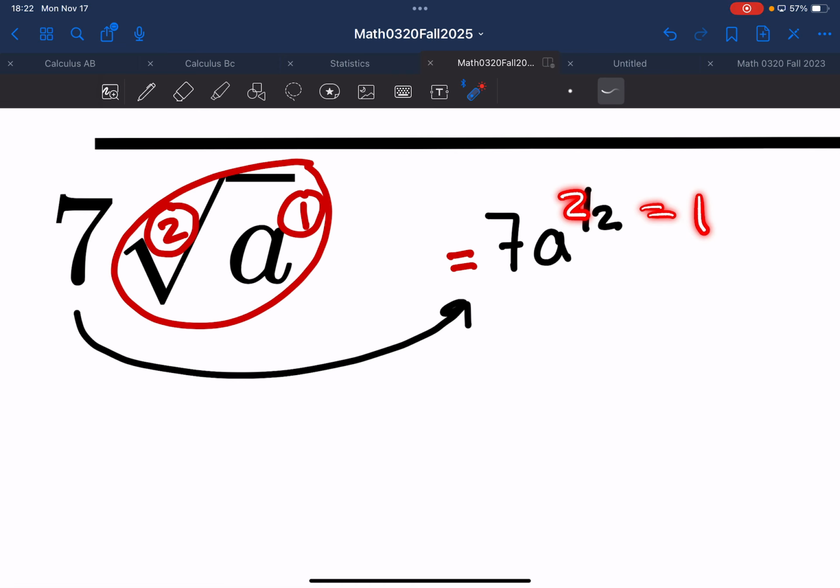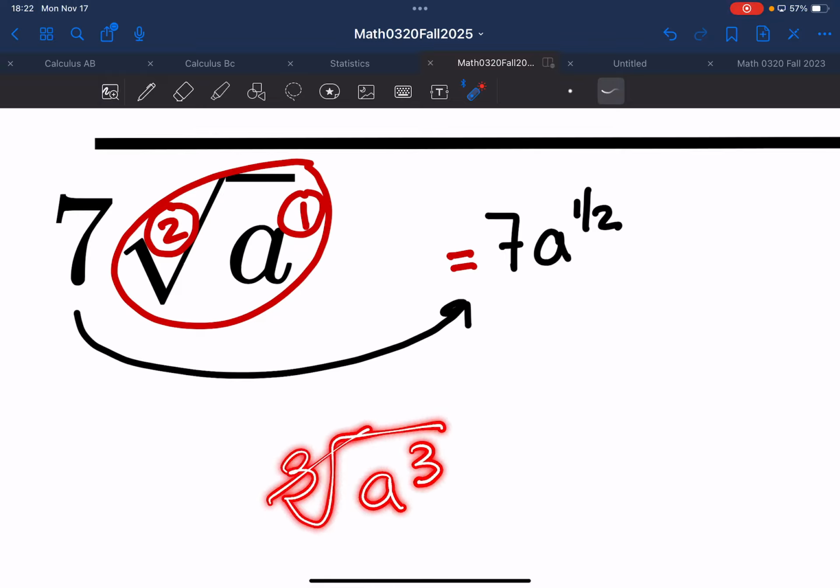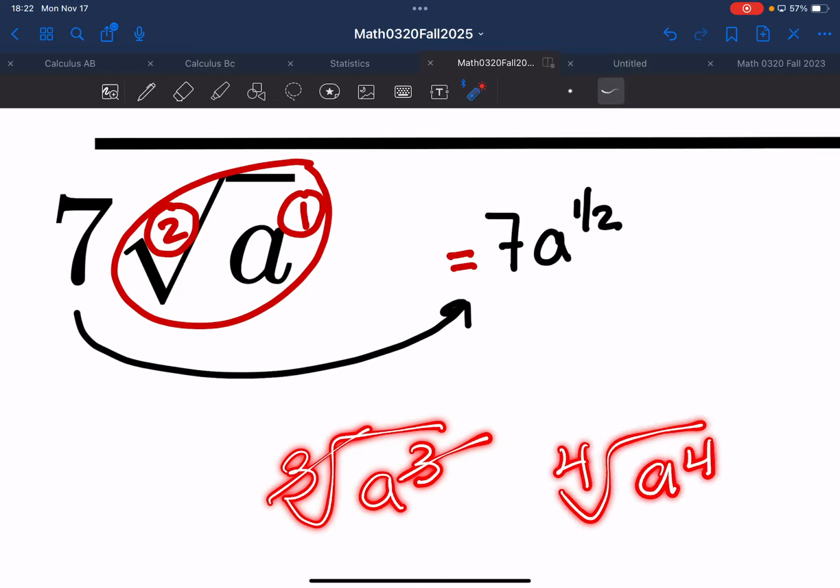Because remember, if the exponent matches our nth root, they cancel. We talked about that on the last notes. For example, the cube root of A cubed cancels because they're the same number. The 4th root of A to the 4th cancels because they're the same number.